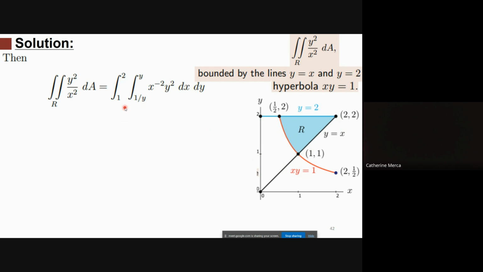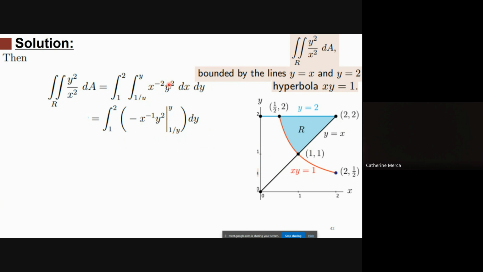As soon as you're able to determine the limits of integration, then you can simply take its integral. In this case, the integral of x to the negative 2 times y squared dx, so you add 1, then divide by negative 1. So that's negative x to the negative 1.